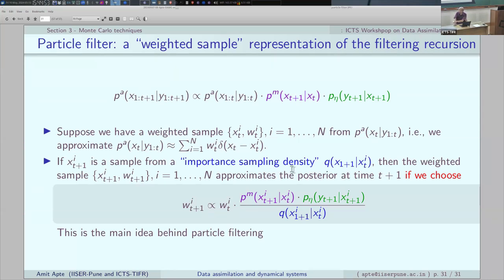The other main choice to make is how do you do resampling and when do you do resampling. The importance sampling density and the resampling are the two places where all the different particle filters differ. There are about 1 million different particle filter variants, and each of them has a different choice of importance sampling density and a different choice of resampling for particles that need to be thrown away.